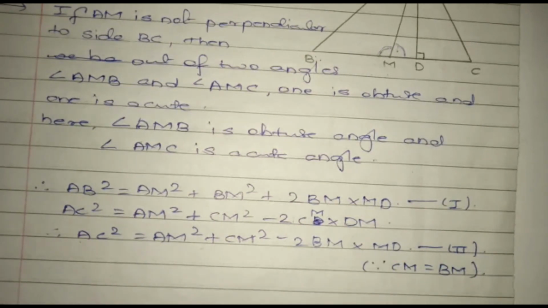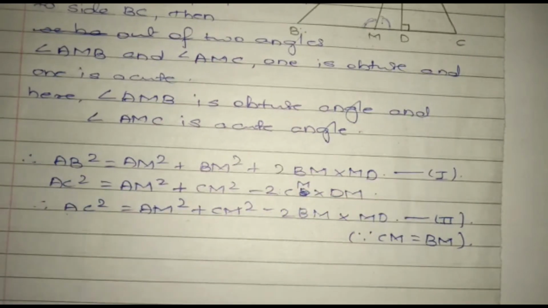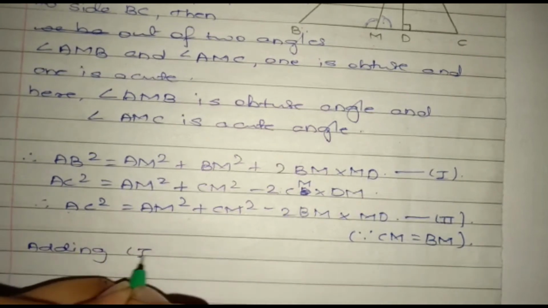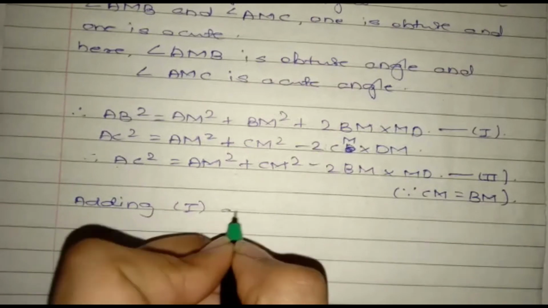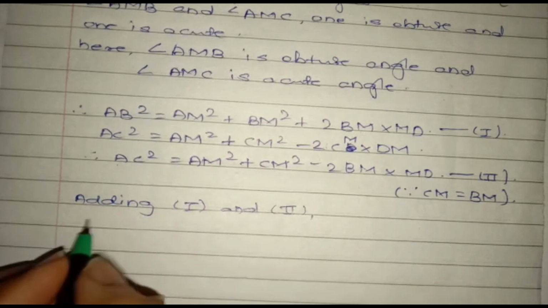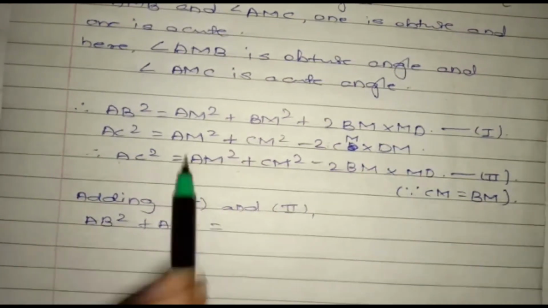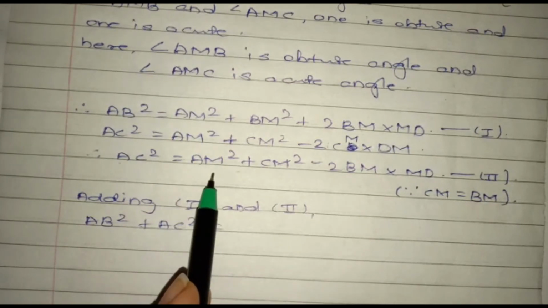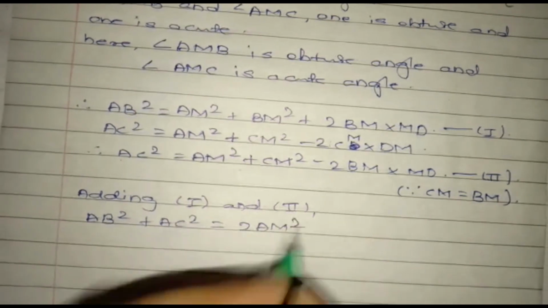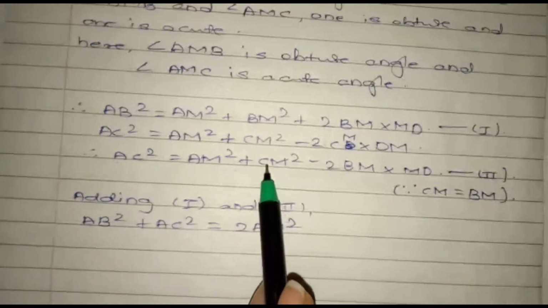BM. Now we are going to add equation 1 and equation 2, that is AB square plus AC square. Adding 1 and 2, we get AB square plus AC square is equal to AM square plus AM square is 2AM square and BM square plus CM square.